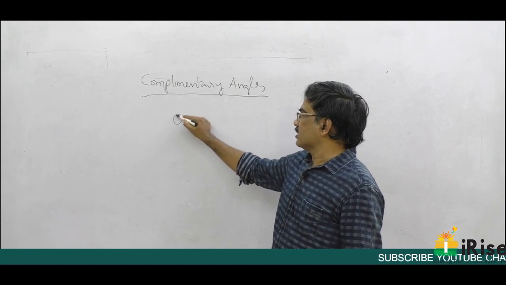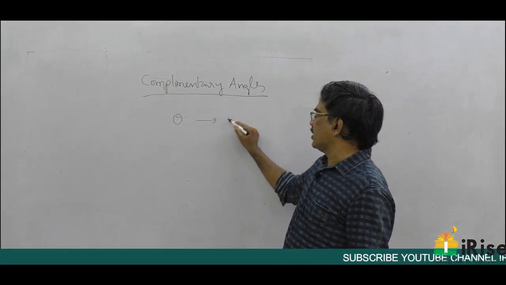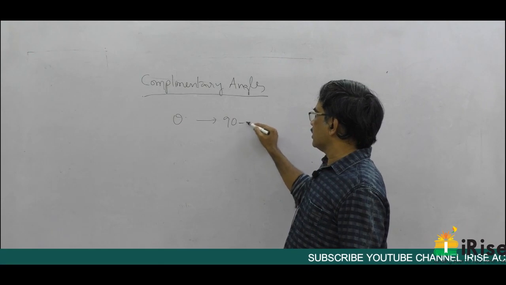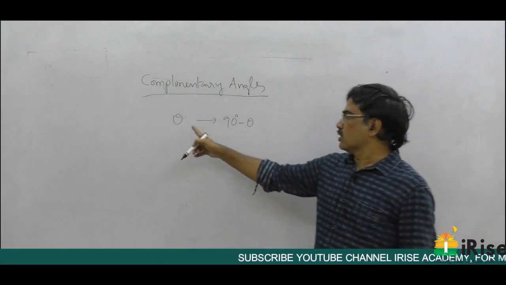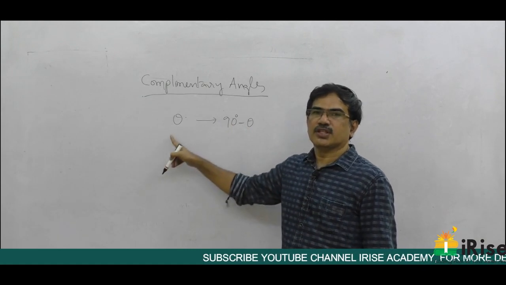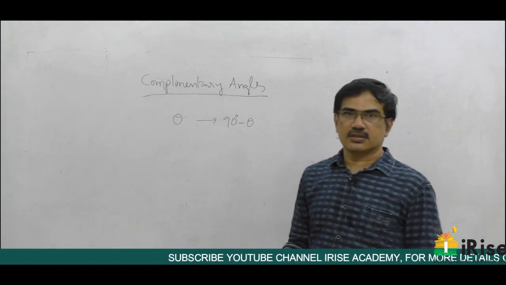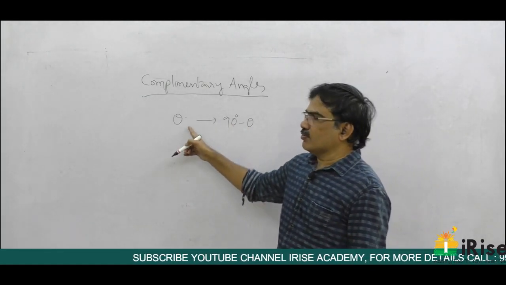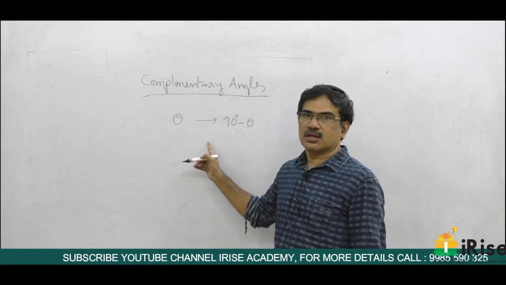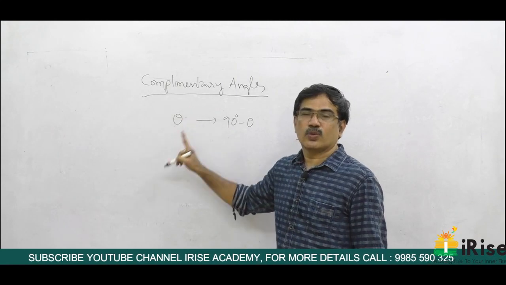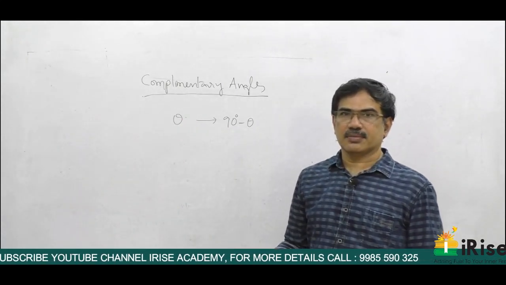If one angle is theta, its complementary angle is 90 minus theta. The sum of these two is equal to 90 degrees. One is complementary to the other.